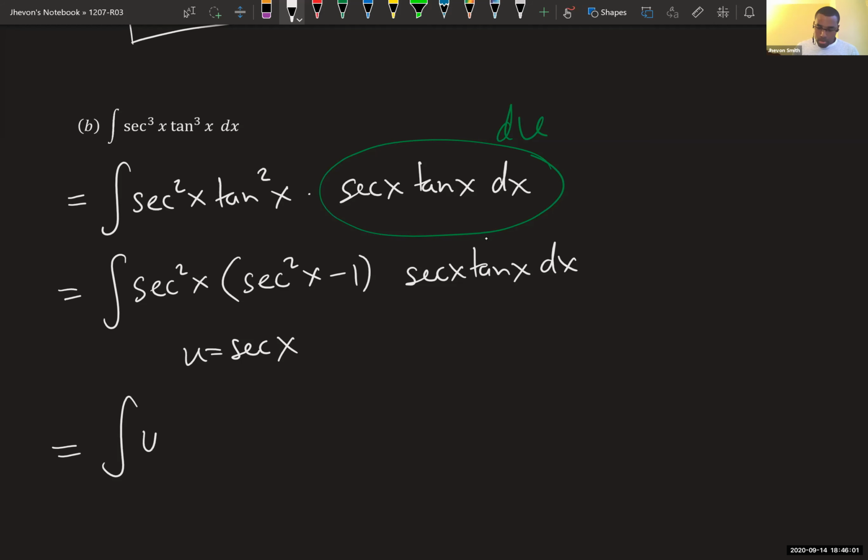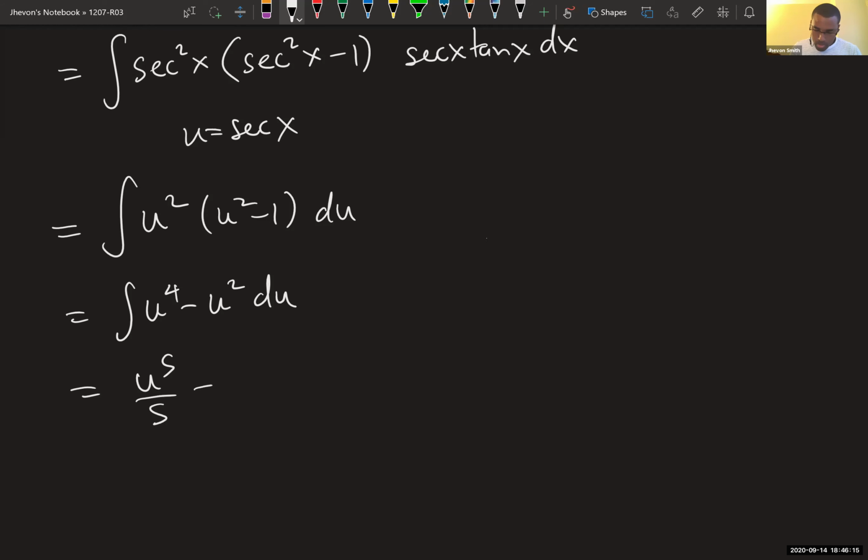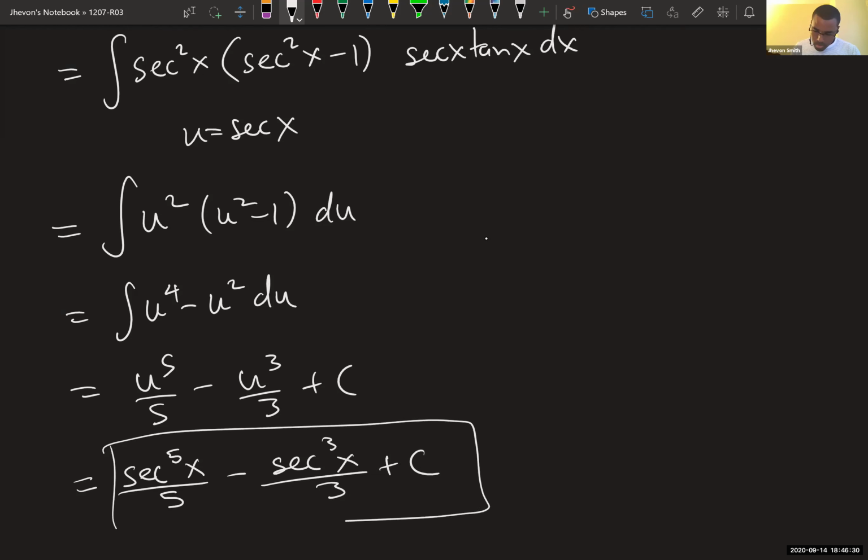And so this integral will become u squared times u squared minus 1 du. And that's that one. So we can compute that integral.